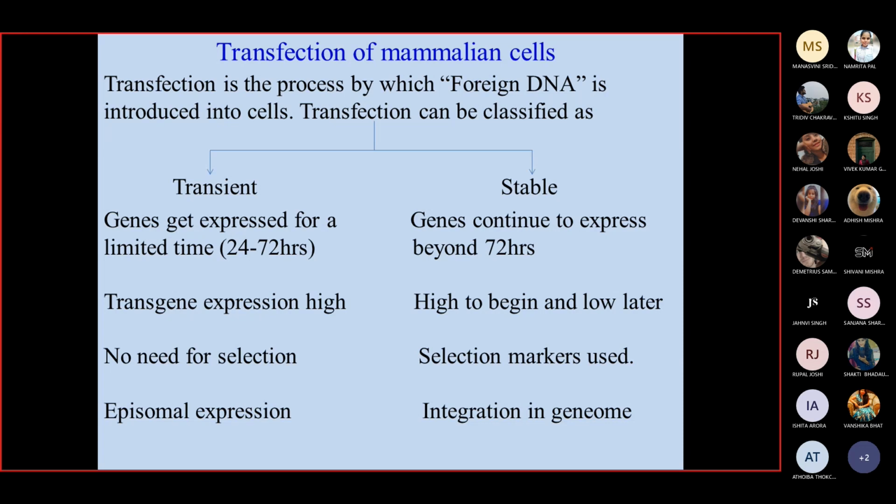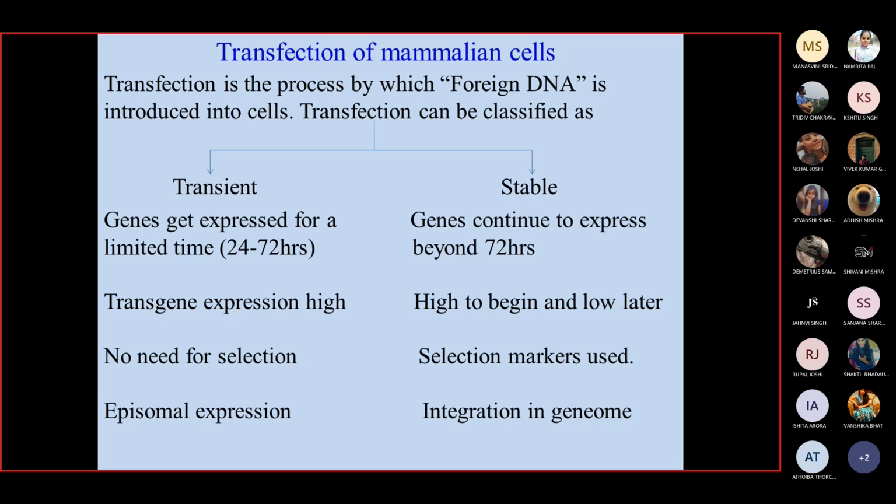One is called transient transfection. The other is called stable. So, transient is when genes get expressed for a very limited time. Again, this depends on the vector that we are using for expressing the gene of interest. The transgene expression is very high, and there is no need for selection.